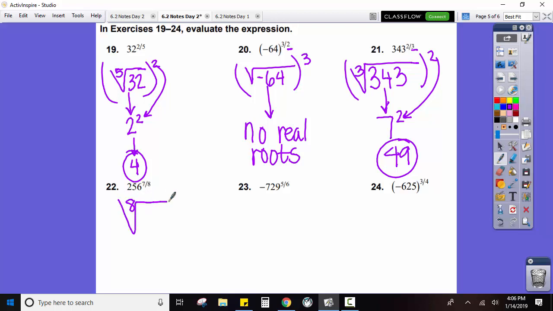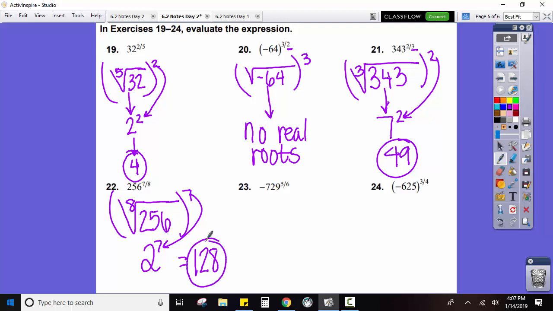The eighth root of 256 to the 7th power. So 2 to the 8th is 256. So the 8th root of 256 is 2. Bring down the 7. And 2 to the 7th is 128.